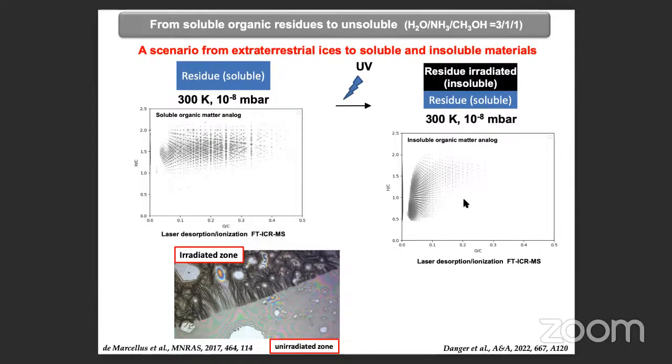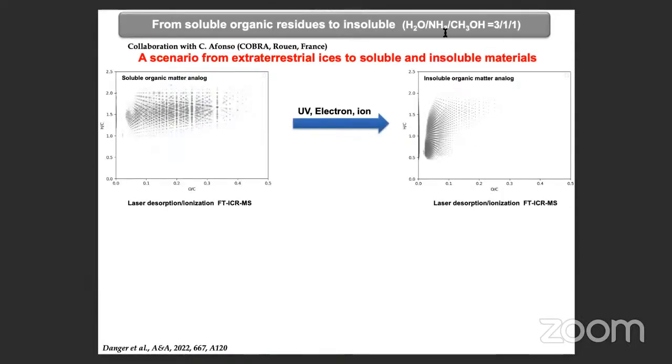So that means that starting from our ice, we can generate a soluble fraction and an insoluble fraction. Of course, these are materials that we form in the lab. So now what is important is to confront what we form in the lab to what is observed in meteorites.